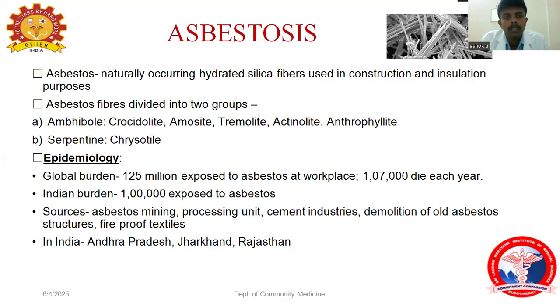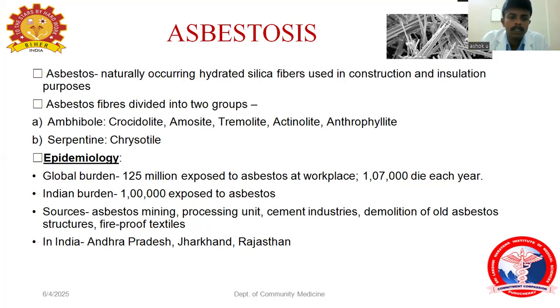Coming to asbestosis: asbestos is a naturally occurring hydrated silicate of fibers used in construction and insulation purposes. Asbestos fibers are divided into two groups: the amphibole variety, which includes crocidolite, amosite, and tremolite, and the serpentine variety, which is chrysotile. Globally, roughly 125 million people are exposed to asbestos at the workplace, and roughly 1 lakh die each year, while in India roughly 1 lakh are exposed.